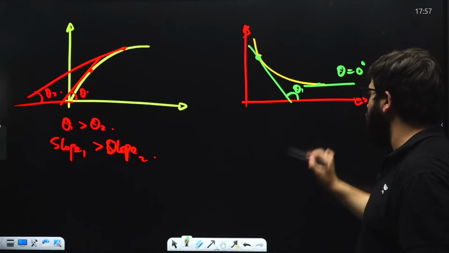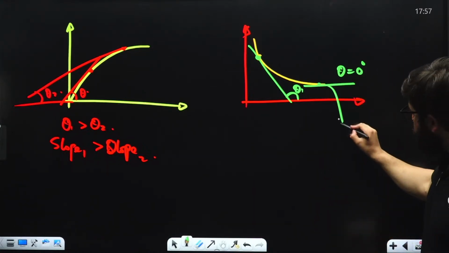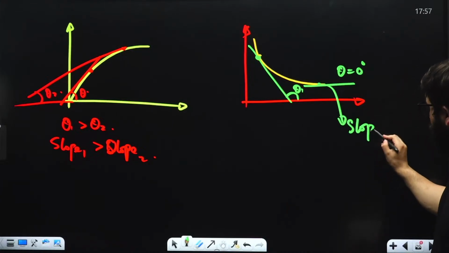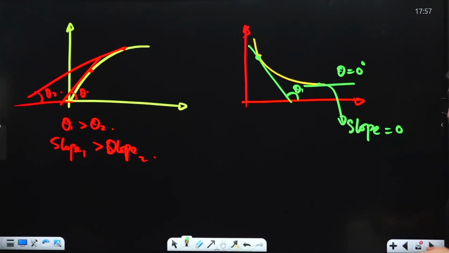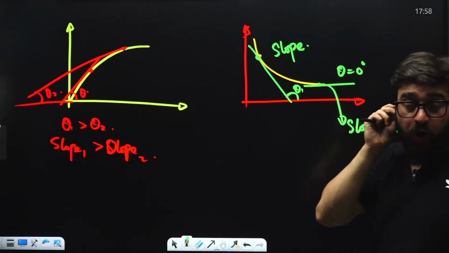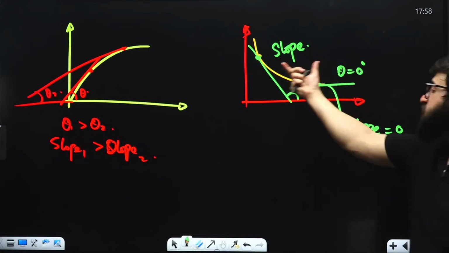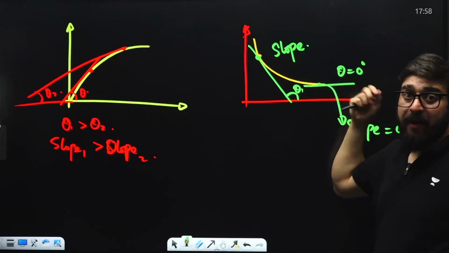Here, let's suppose theta 1. Here at this point, we say slope is 0. At this point, slope has got some value. So we say in this particular case, what is happening with the slope?